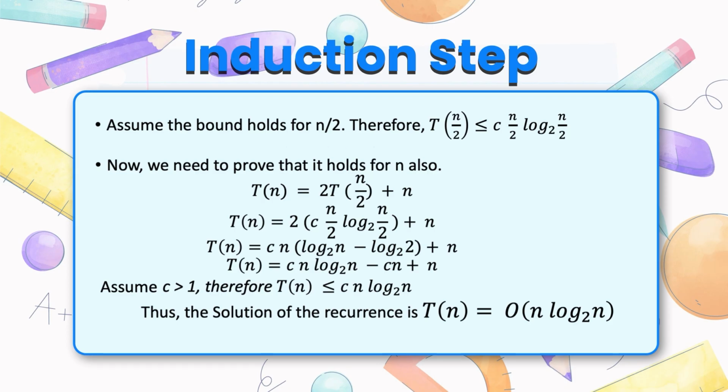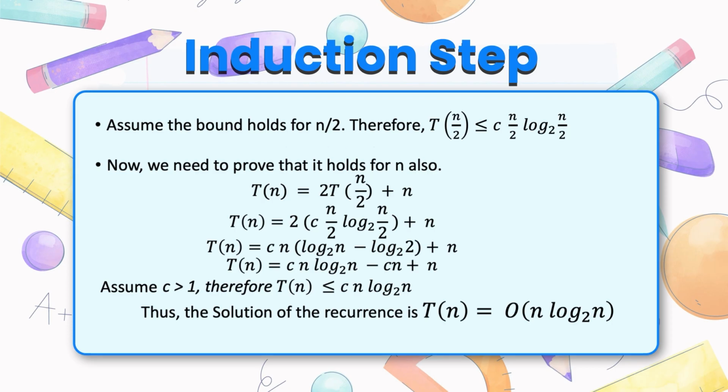That means the T(n) value is less than or equal to Cn log2 n, because from the Cn log2 n value you are subtracting some value, based on any value of C. This is why T(n) is always going to be less than or equal to Cn log2 n as C is greater than 1.